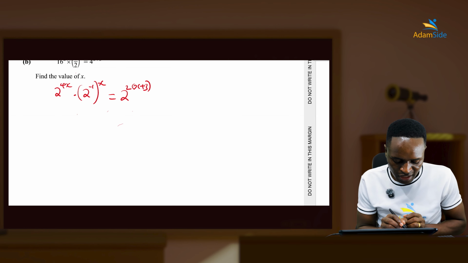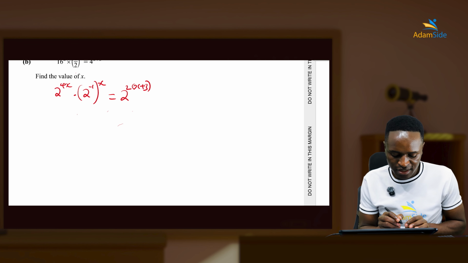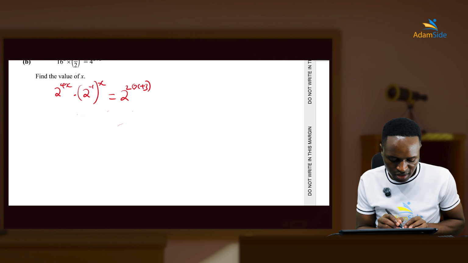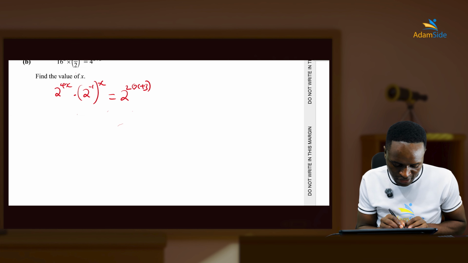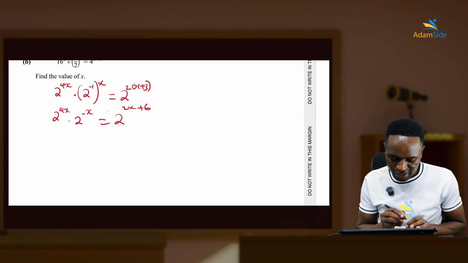I'm multiplying numbers with the same base. On the right, 2 times x, 2 times 3, 6, so 2 power 2x plus 6.